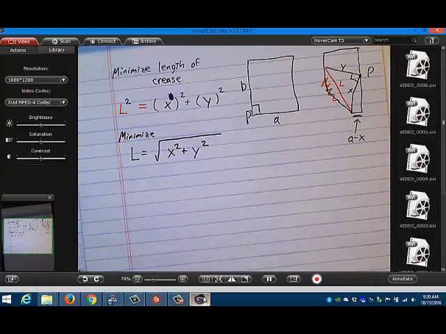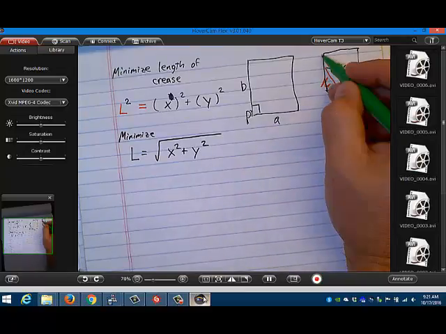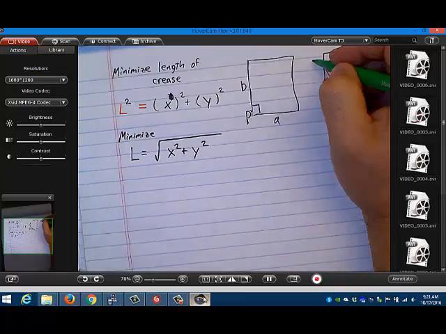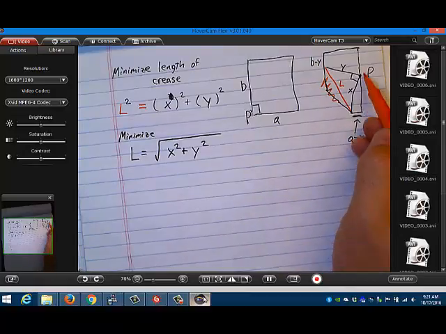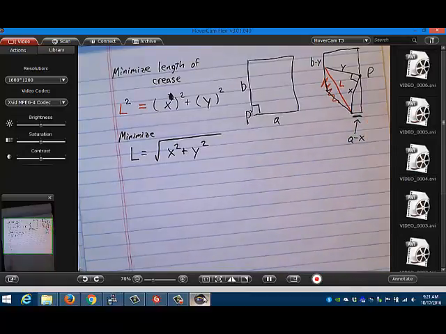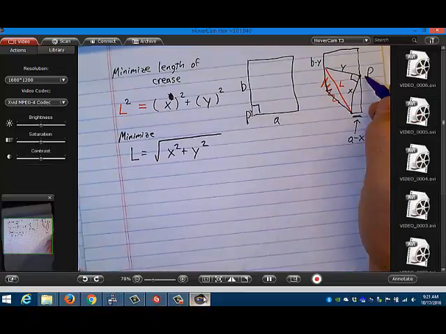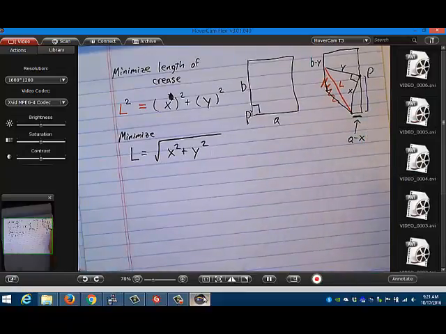And then, similarly, I can label this side length up here would be b minus y. Right? And what would be really nice is if I could say something about this length right here next. Because if I could say something about this, I could relate it to A.